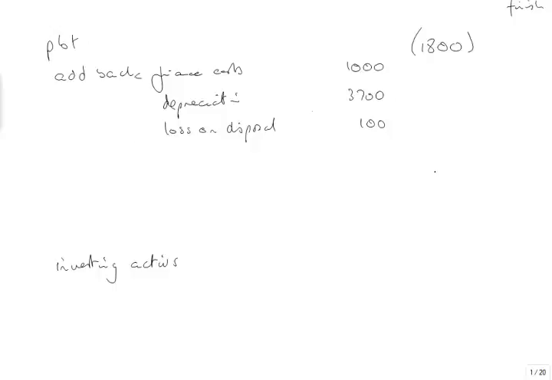So we started with 2,500 and we depreciated that by 1,800. So that brings it down to 7. Then it's gone to 6.5. So I must have bought 5.8 on lease.